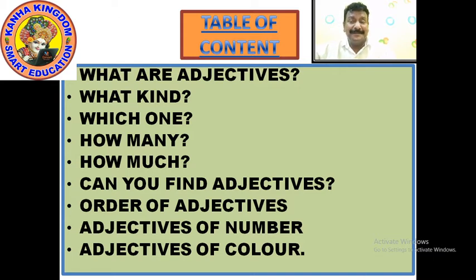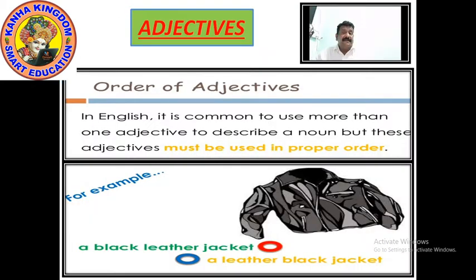So now let's go ahead to learn about order of adjectives. Now you have seen examples of how to locate a noun and find the adjectives, the describing words. So now let's see order of adjectives.